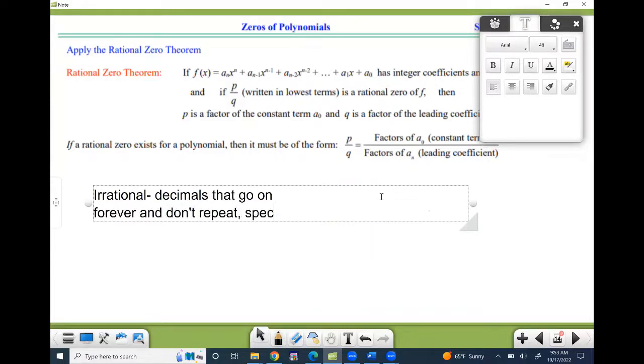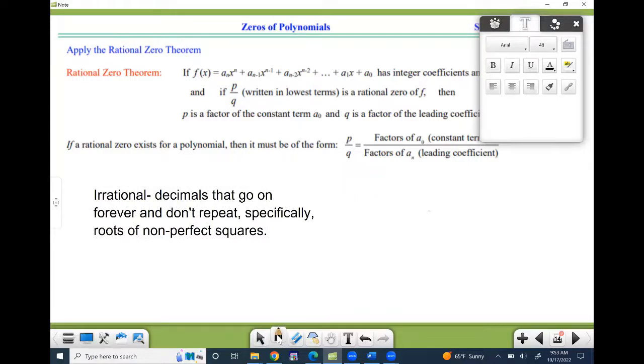I'm going to put specifically roots of non-perfect squares. So I'll put some examples so you know what I'm talking about. Okay. Like square root of 7, square root of 3, okay? Things like that.